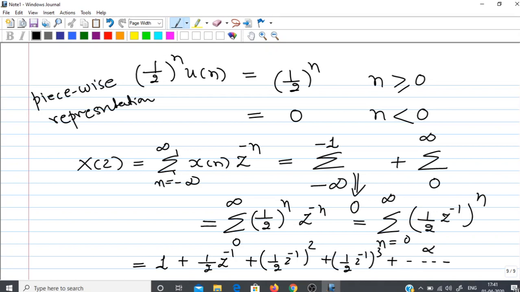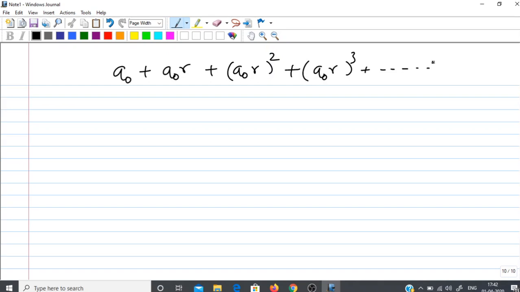There are infinite terms. Can you observe something? Is it a special kind of series which you have studied in school? Can you see some pattern in this series? Yes, it is a geometric progression, a GP. So a series of this form: a0 plus a0 r plus a0 r squared plus a0 r cubed and so on.